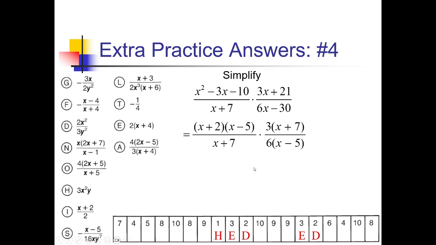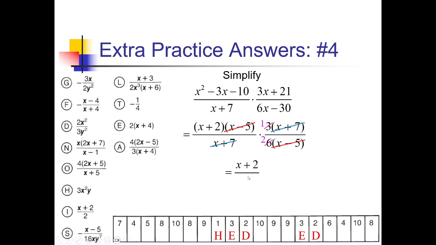Going through and canceling out now, these x minus 5s can cancel, and then these x plus 7s as well. And then I notice we have a 3 and a 6. Those can reduce to give me a 1 over 2. So cleaning up the mess in the numerator, we have just an x plus 2 really.